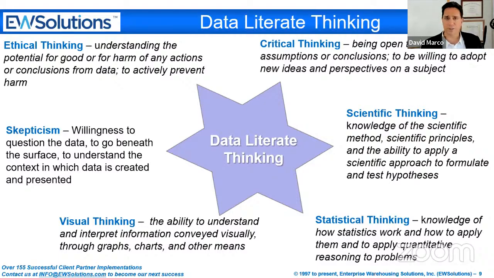And when their customers find that out, they tend to leave because, hey, you didn't safeguard my data, you actually published it in some way that bothered me, and with all the different privacy laws, was probably illegal nowadays too. Ethical thinking is something that has been missed for a long time, and it really is an important part of data literate thinking.